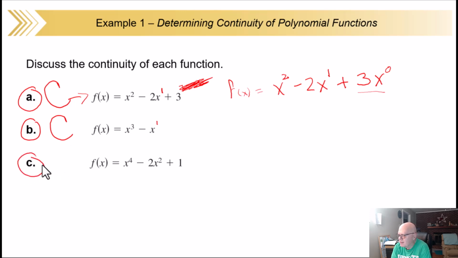And part C, another function defined using the letter F. We've got x to the fourth, x to the second, and for those of you who insist, we'll make this x to 0. We've still got all of these exponents for the x's being non-negative integers.